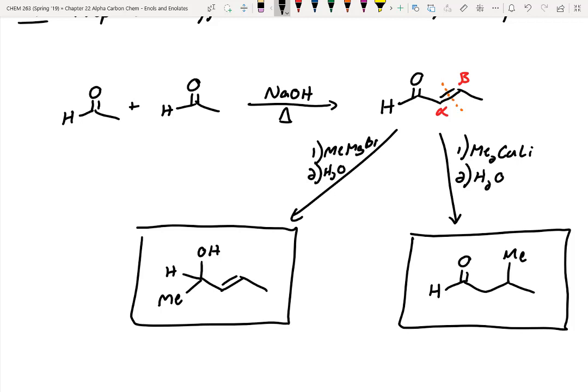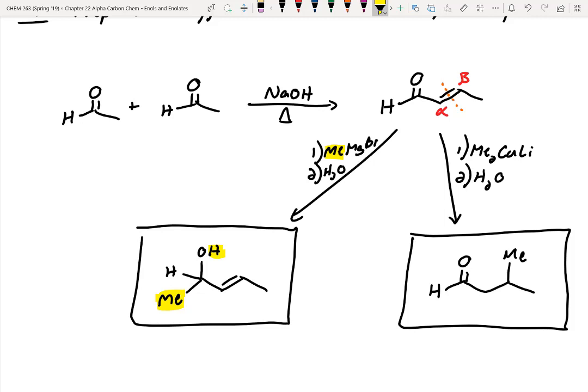Now what I want us to think about is what groups were added on to our starting material. Going backwards, we know that this methyl group was added right here. Was there any other atom or element added in? The hydrogen on the alcohol, right?